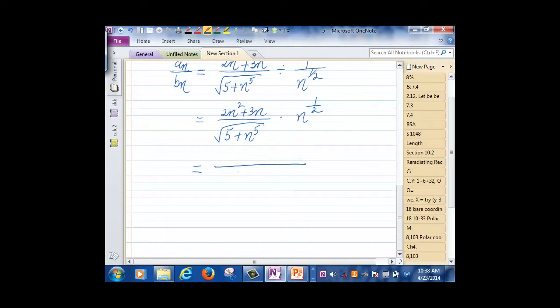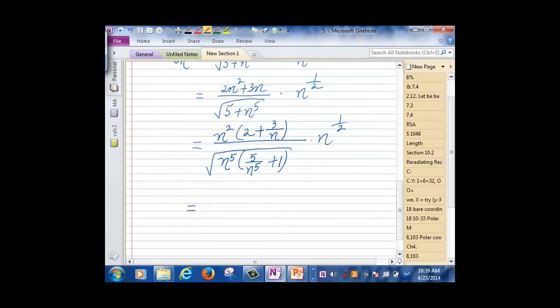How do I take the limit? Well, just factor out the highest order terms. In the numerator, the highest order term is n squared, so I get 2 plus 3 divided by n. In the denominator, if I factor out n to the 5, I am going to get 5 over n to the 5 plus 1, and I have the square root times n to the half.